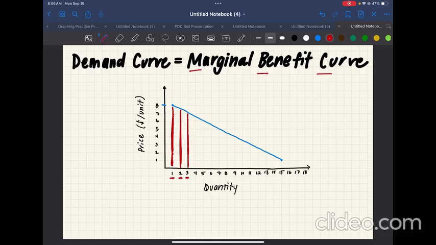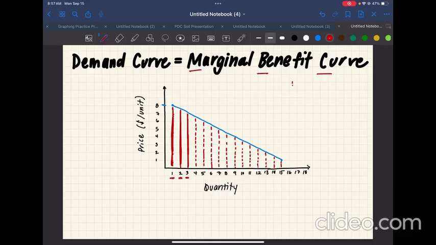So if we do this all the way down our marginal benefit curve or demand curve, we end up with all these benefits, and each line on its own represents the marginal benefit to the market of selling that one additional piece. The marginal benefit, remember, that's one additional. If we add them all together, then we get the total benefit that the market received.